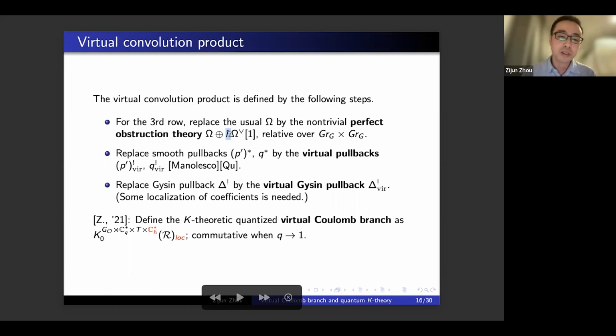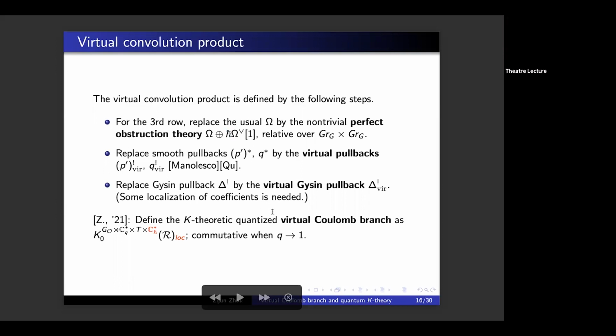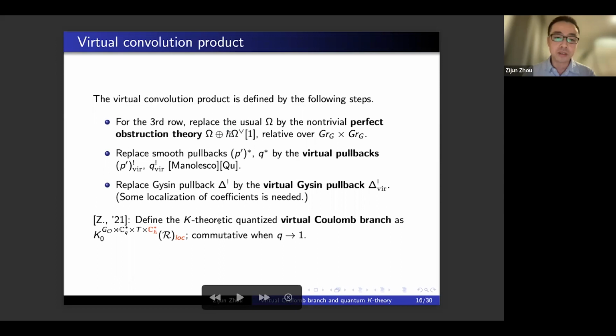In this way, we can generalize BFN's construction of convolution products to a virtual convolution product. Now you can consider the equivariant K-theory of this space R together with this virtual convolution product. For this ring, we call it the virtual Coulomb branch.